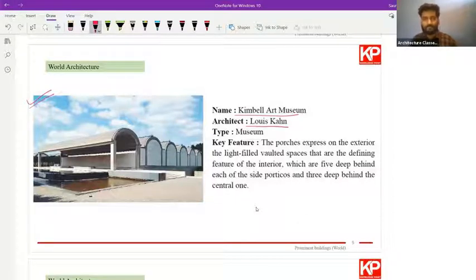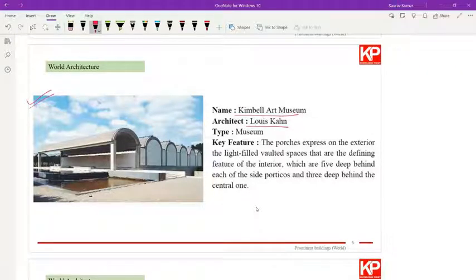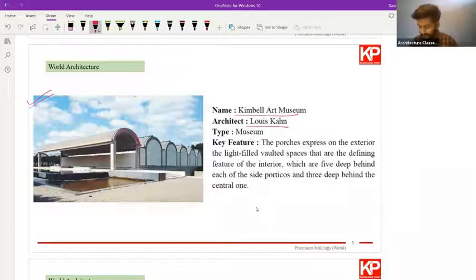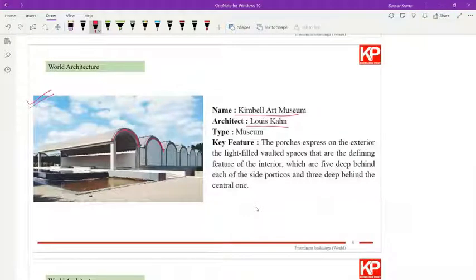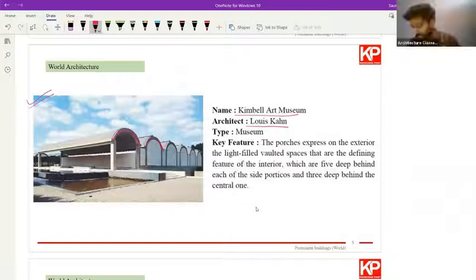Like in the previous example, you need to identify one or two key features. Yes, it has a Roman-like structure, an arch structure. Okay, arches are there. So you can identify this building by these continuous arches going like this.